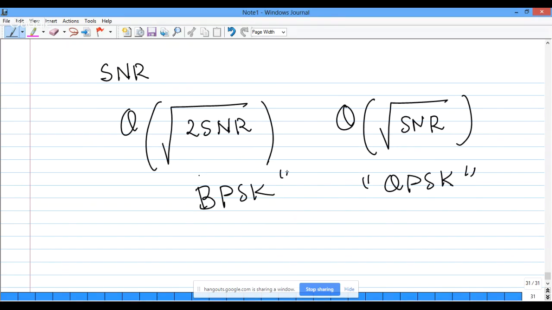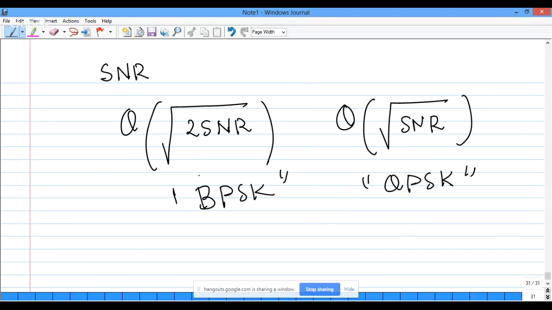So if I look from the SNR point of view, it seems that QPSK is a poorer modulation scheme as compared to BPSK, because it simply says that in QPSK you need a signal power twice as large to have the same probability of error as you would get in BPSK.